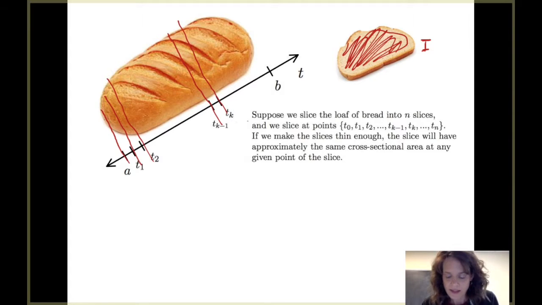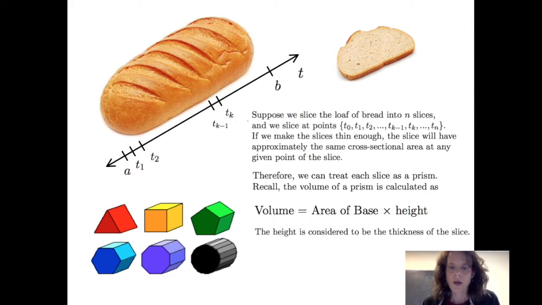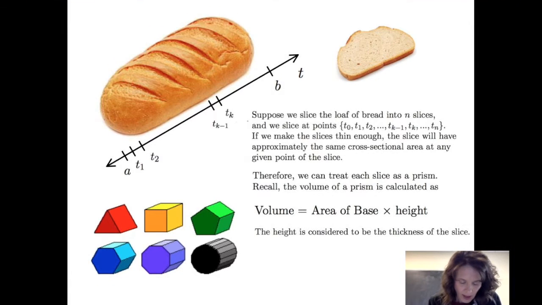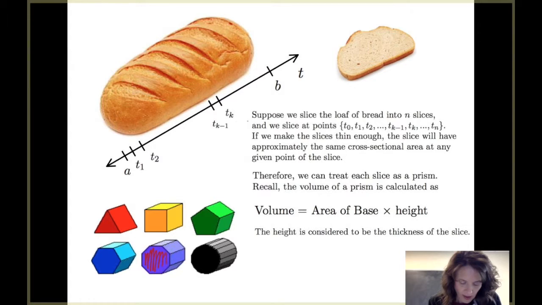Since this slice has approximately the same cross-sectional area at any point, I can consider that slice to be like a prism. And we know how to find the volume of a prism. We simply take the area of the base times the height. In this case, we'll treat the height to be the thickness of the slice. So if I consider this octagonal prism, I've got the area of its base multiplied by its height.